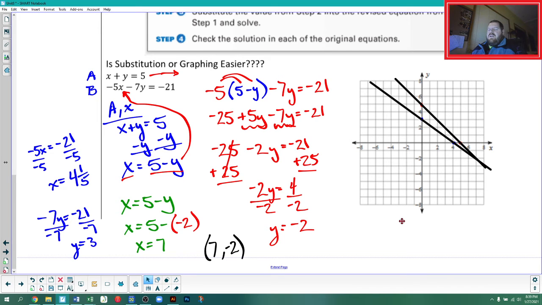But if I don't assume that it's a whole number, which I really shouldn't, then it's tougher to tell. It actually looks like it misses that point 7, negative 2. Looks like it misses it kind of on the lower right side. But that was just really a graphing error. So that's what a lot of these come down to.